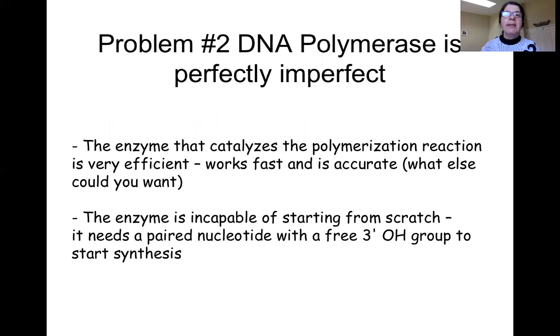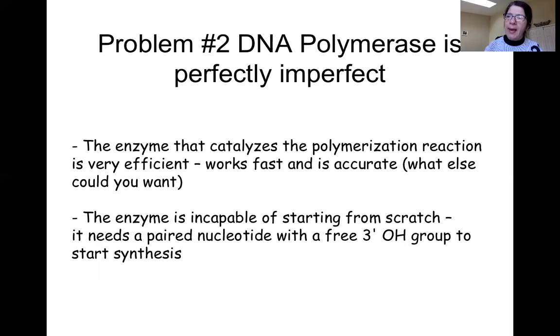Okay. Second problem in DNA replication. DNA polymerase, which is the enzyme that links the nucleotides, that actually makes the new DNA strand, is perfectly imperfect. Okay, that's the enzyme that catalyzes the polymerization reaction. It is very efficient and it works very fast.